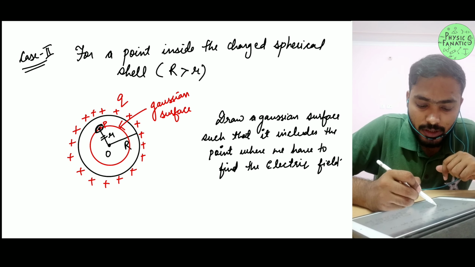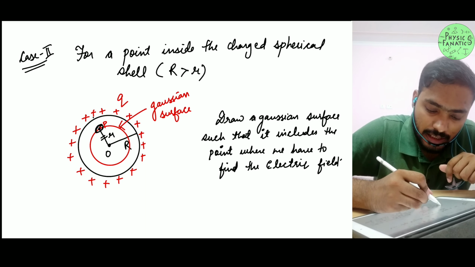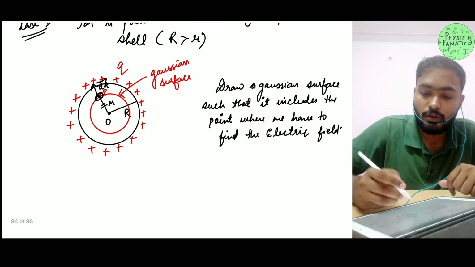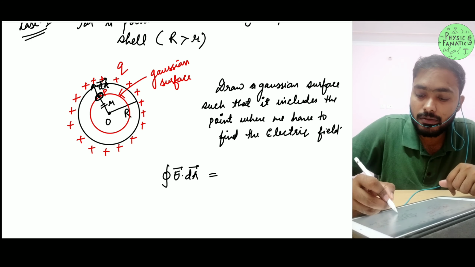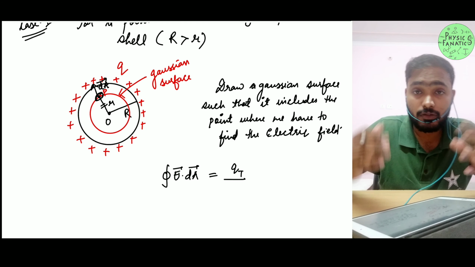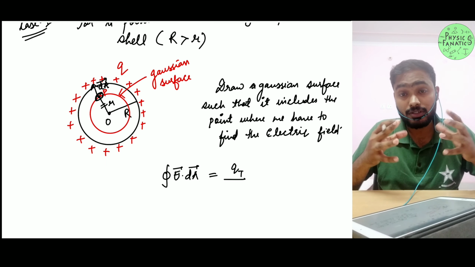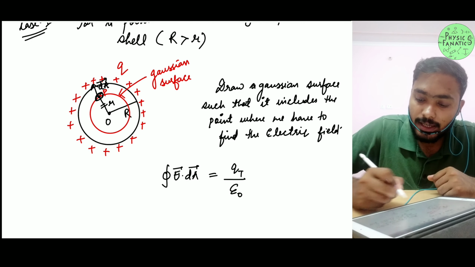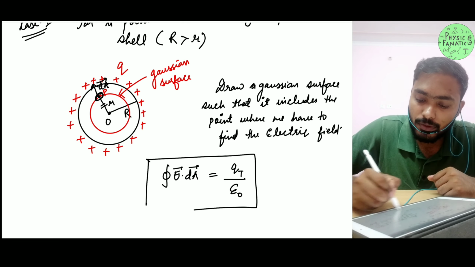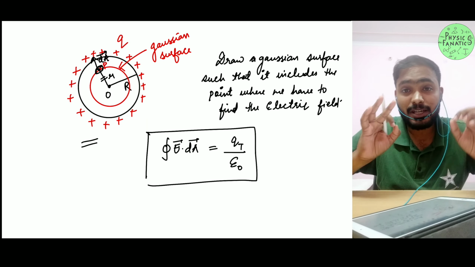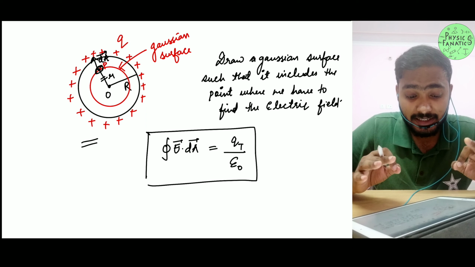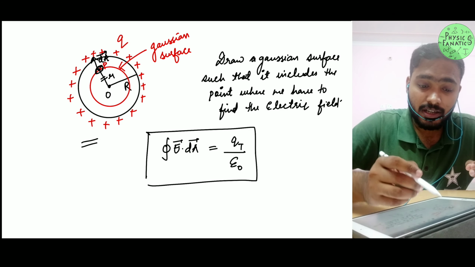I'll assume a small area vector, and obviously the area vector will be going out, that is your dA vector. So I can always apply Gauss's law, that is the integral of E dot dA equals Q total, the total charge enclosed inside the Gaussian surface, divided by epsilon naught. Now, by looking at the figure, you can see there is no charge inside.